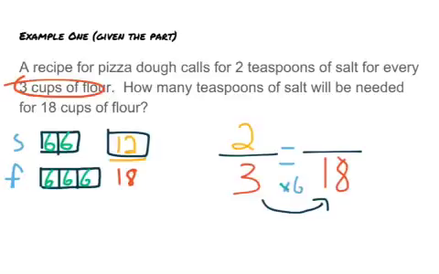Maybe I should do that in green so that you see the 6's that match this 6 with these 6's over here. And then, of course, if we multiply the teaspoons of salt times 6 as well, 2 times 6 is the 12. And that is how we come up with the answer, 12 teaspoons of salt based on 18 cups of flour.